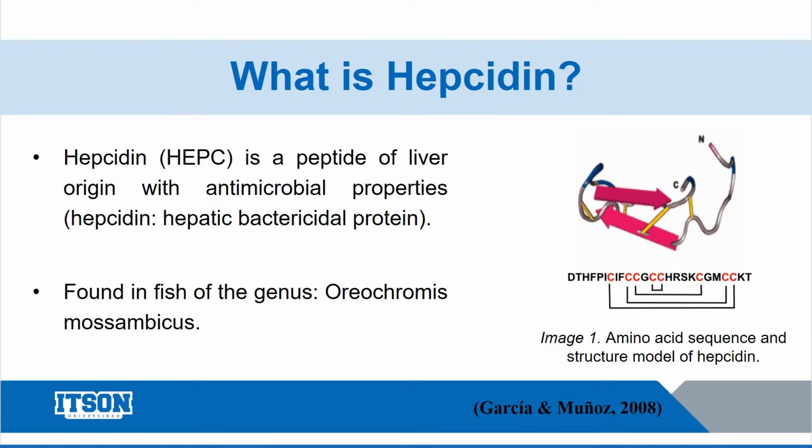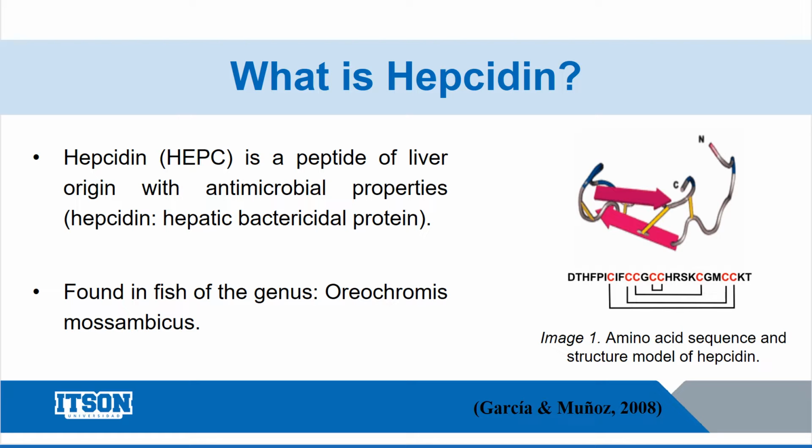What is hepcidin? Hepcidin is a peptide of liver origin with antibacterial properties. Antibacterial peptides are characterized by being rich in cysteines.